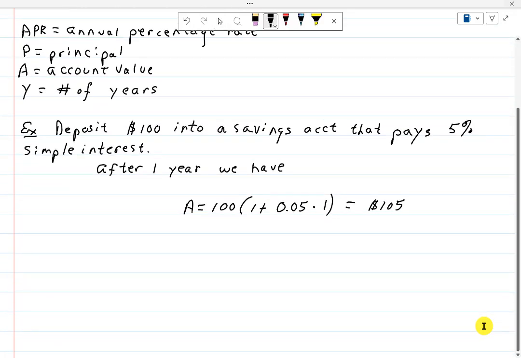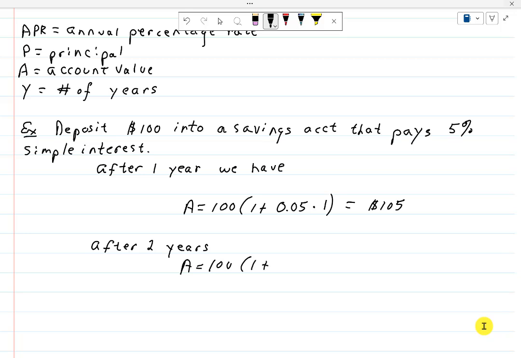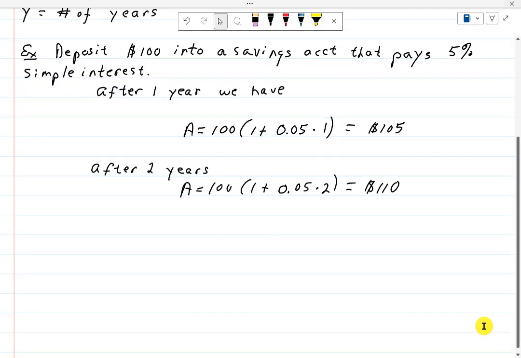Now what about after 2 years? Well, it's the same formula. So I have A equals 100 times 1 plus 0.05 times 2. And here I think you'll find that we have $110 after 2 years.